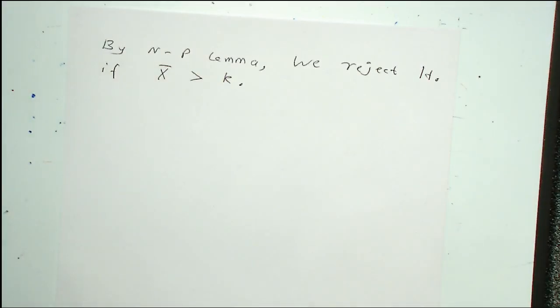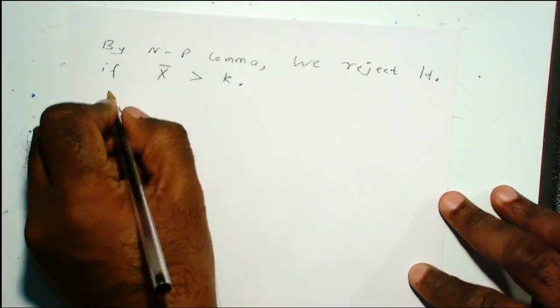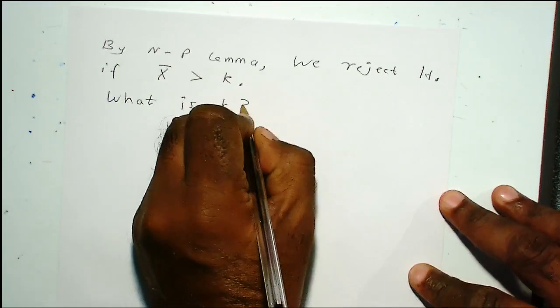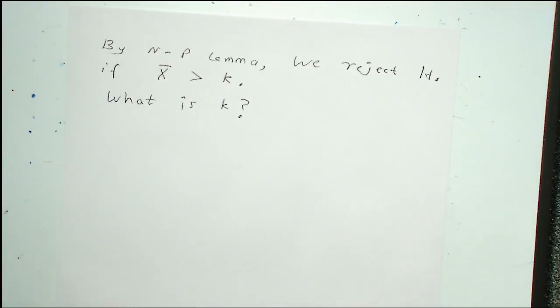Now the next question, guys, is what is k? How to determine the value for k? To do that, I'm going to use the alpha value here, which is 0.05, right?